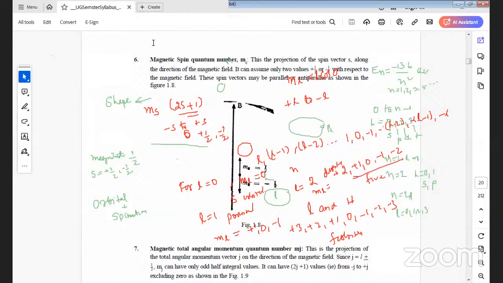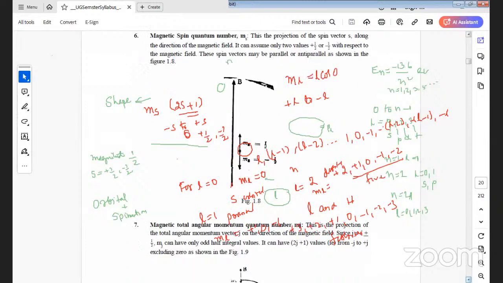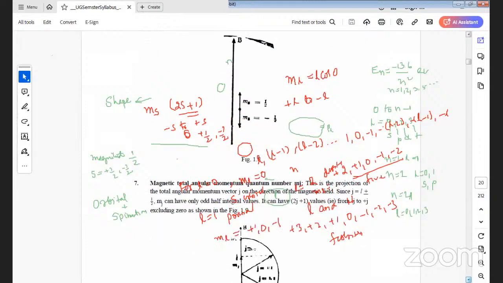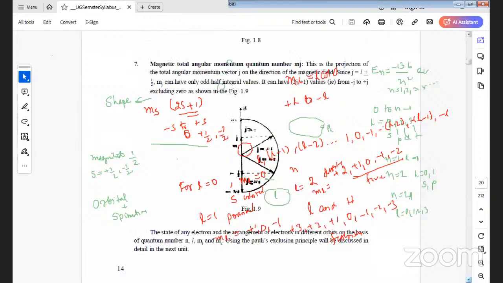Next quantum number which we have is the magnetic total angular momentum quantum number, which is represented with mj.